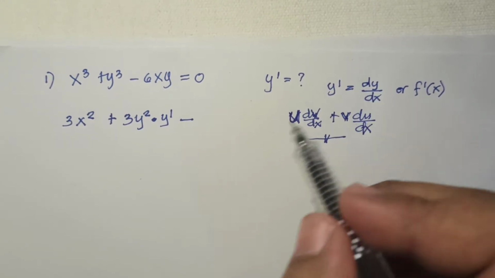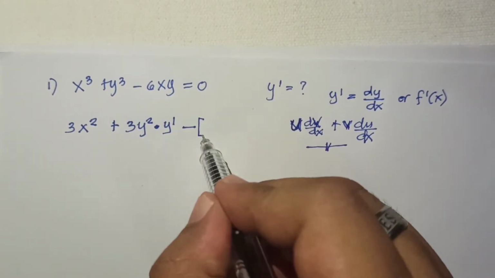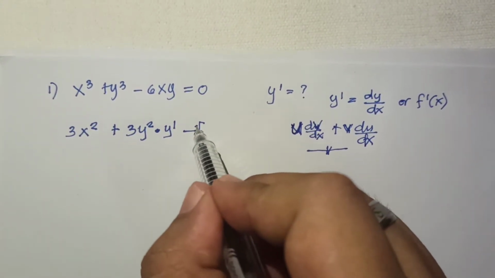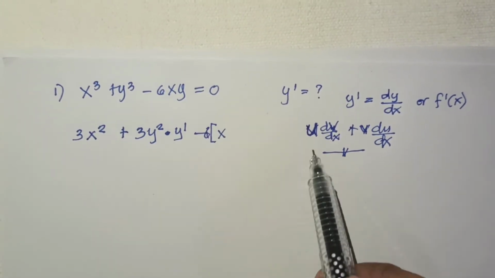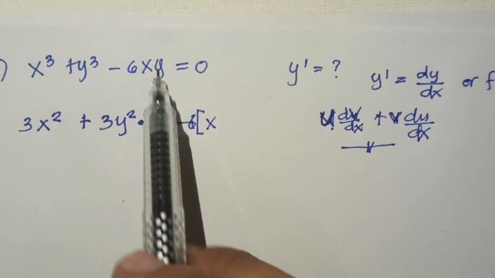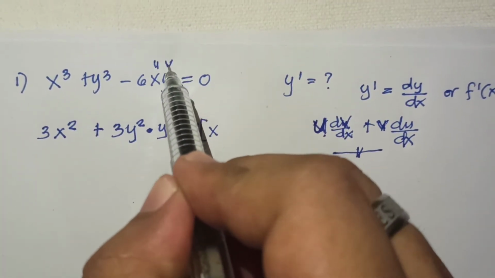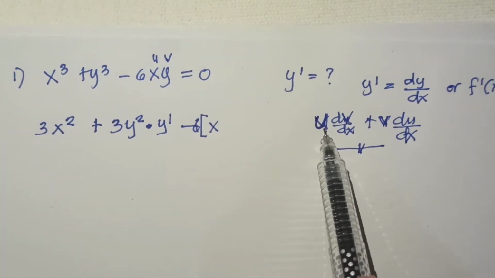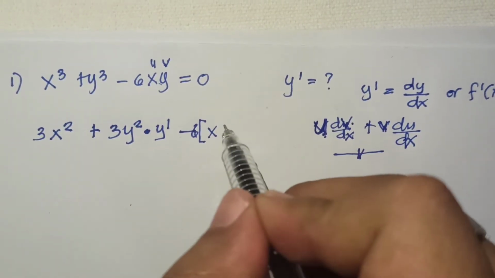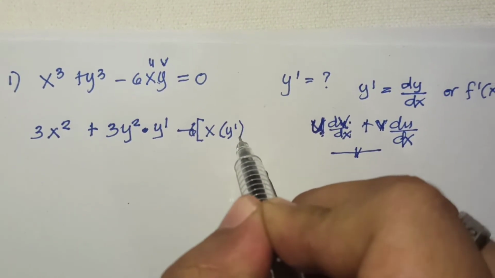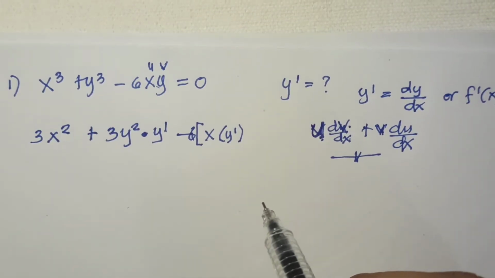Therefore, this is 6 times x times y. What is our u? This is our u and this is our v. You copy the u, then the derivative of v, which is y prime, because that is implicit.